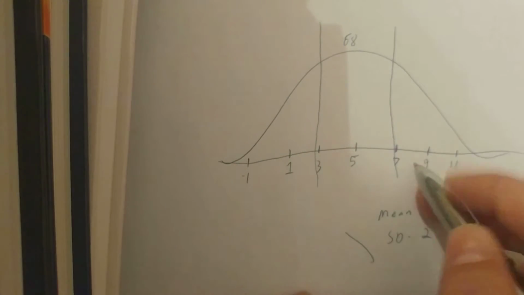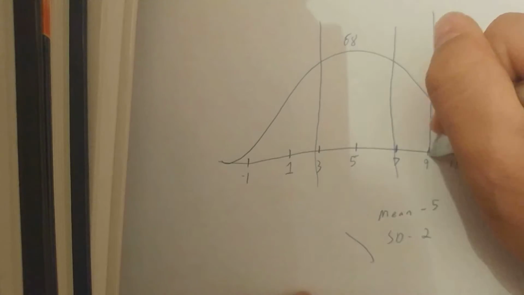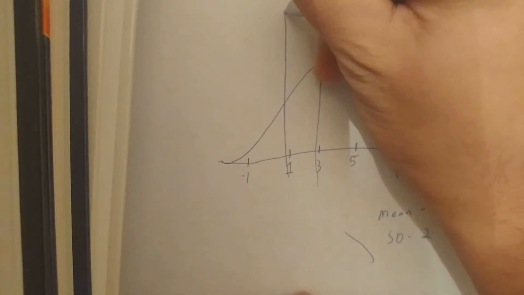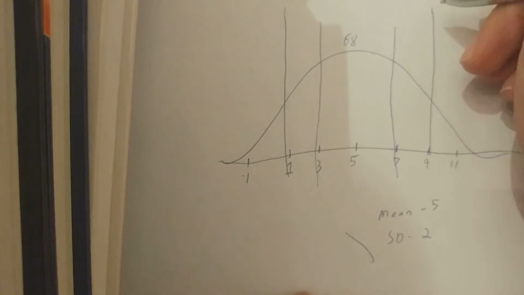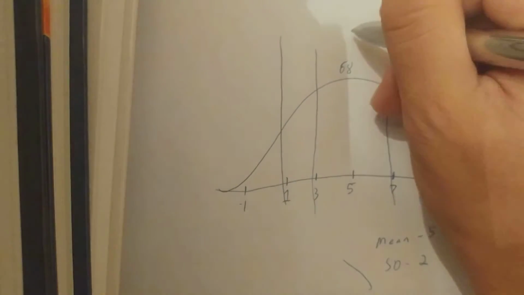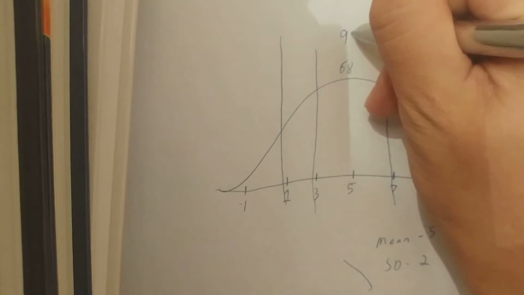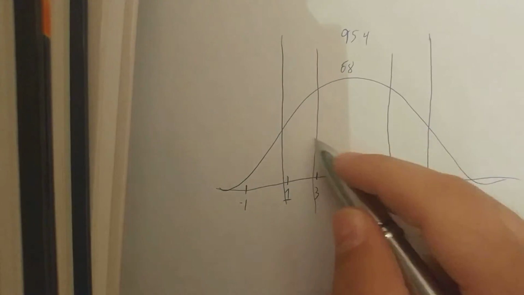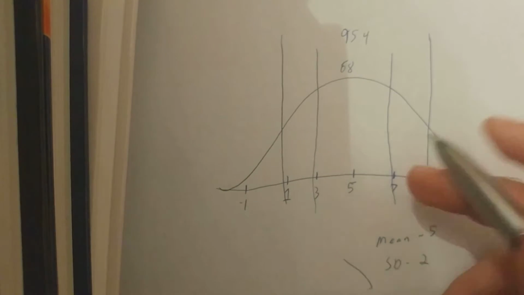Between two standard deviations, which would be here and here, we can assume about 95.4% of all the numbers in this data will fall between these two numbers.